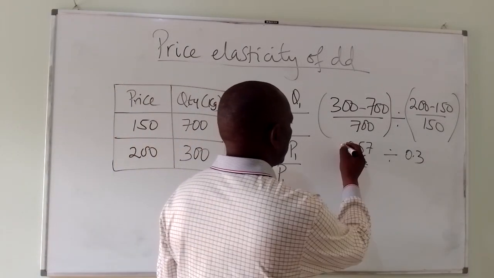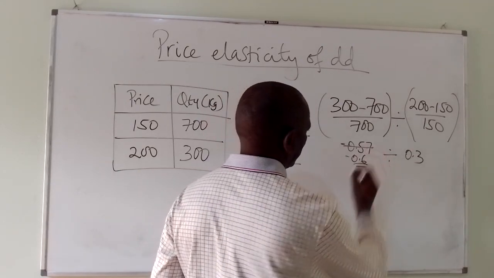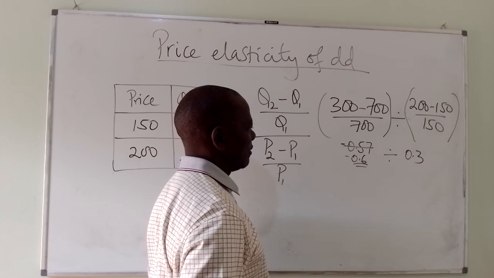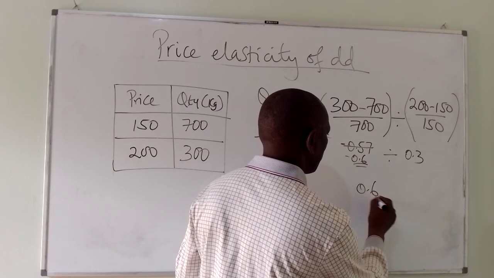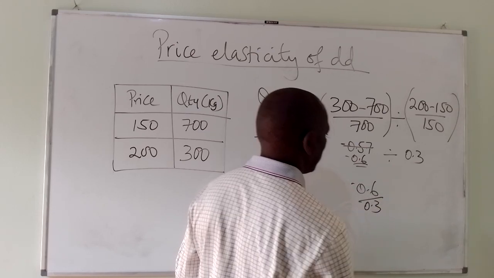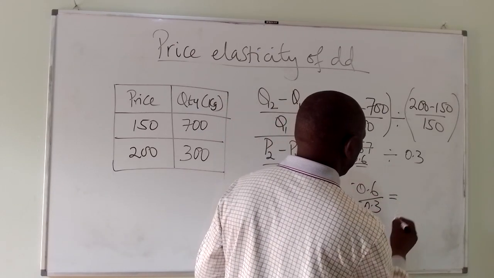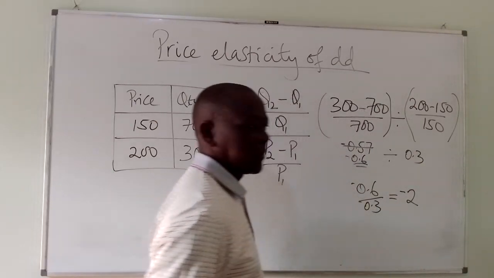So this one is negative 0.6. If you divide negative 0.6 by 0.3, you are going to get negative 2. That's what we are going to get.